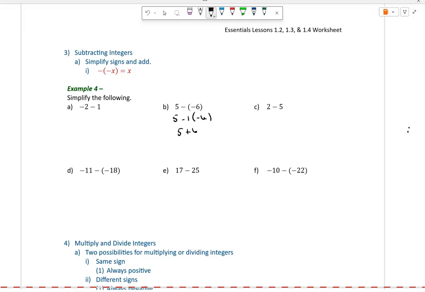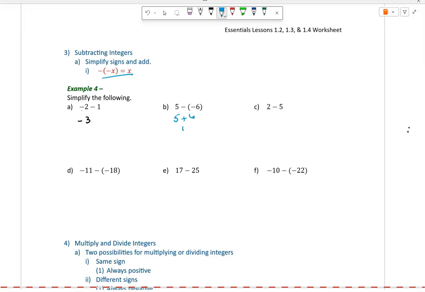Now, this one up here, I have -2 minus 1. That's what we just did, right? So I know same sign, so I get a negative, and I'm going to add those and get a 3, because there's not two negatives in a row. On this one, if I go by this rule, I have minus a negative, so that makes it a plus.